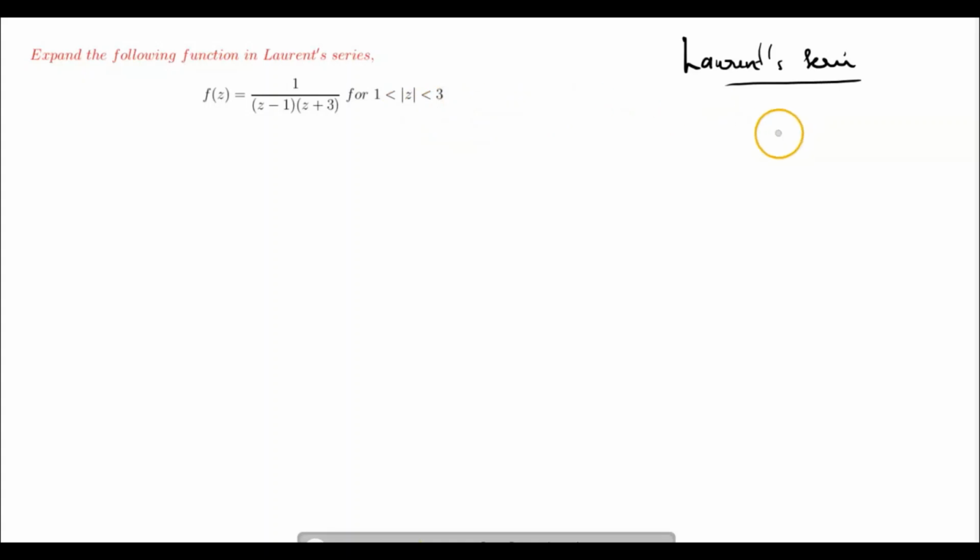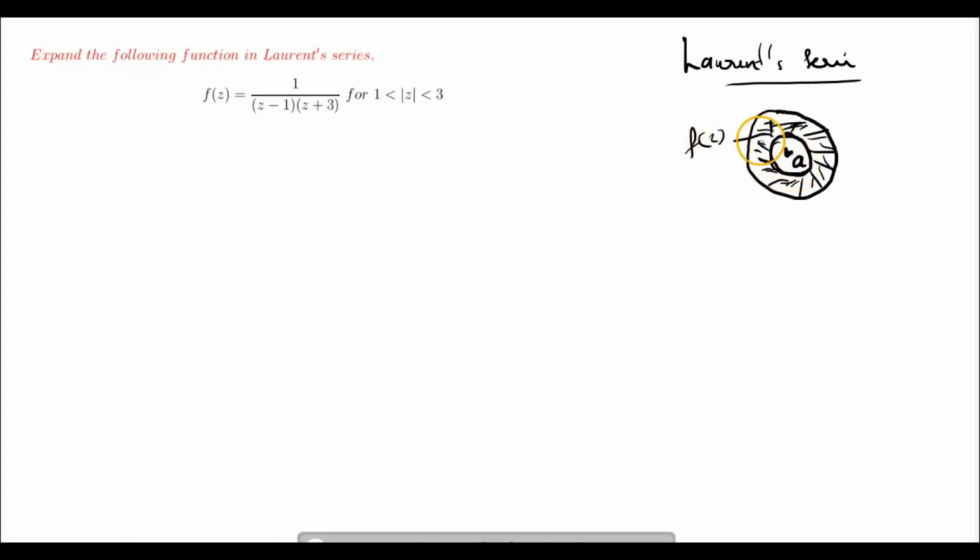That means we have a center A and a circle with center A, and the Laurent series is always defined for the annular region, that is, the deleted neighborhood of A. This is the neighborhood of A and this is the deleted neighborhood of A. In this annular portion f of z is always analytic, and A is a singularity of the function, or else f of z has a singularity in this region.